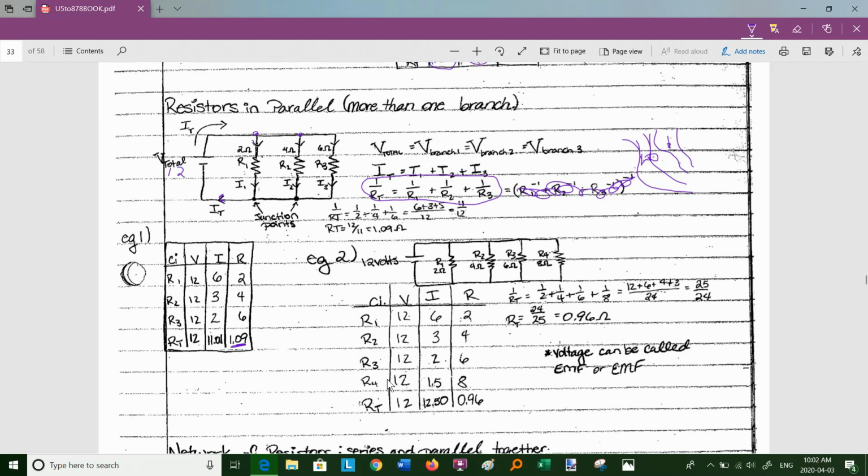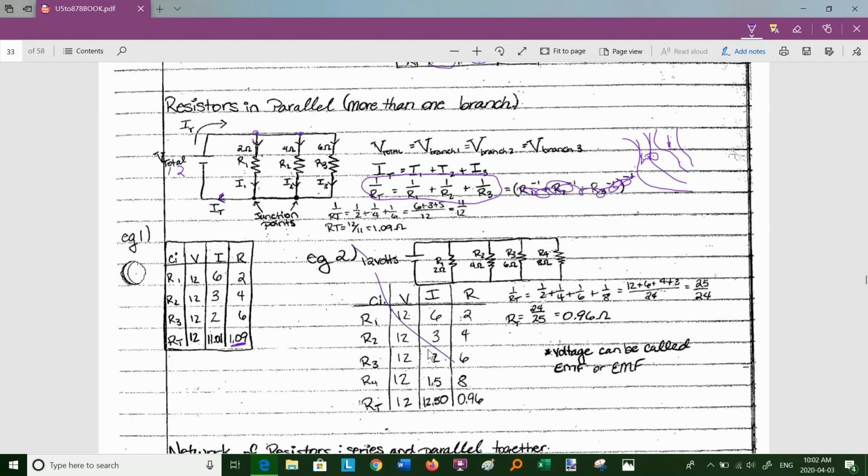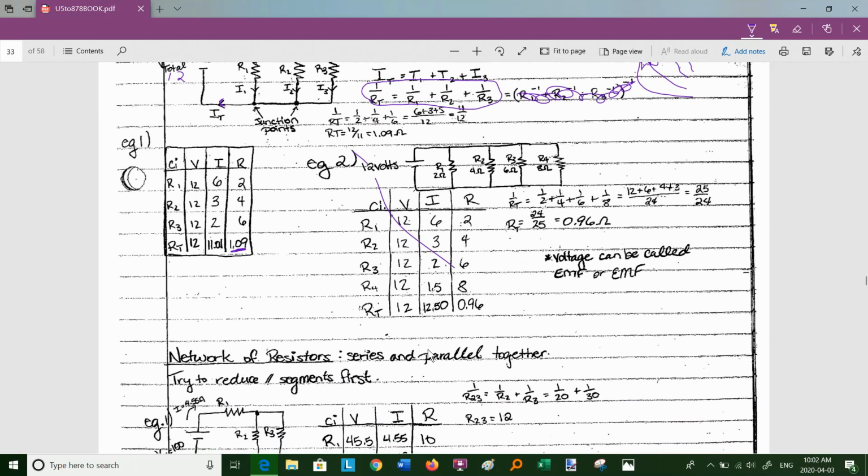go through everything, and look at this. The current goes up. The resistance goes down to, oops, sorry about that, to 0.96, and the current goes up. See, there's one more path for current to flow.